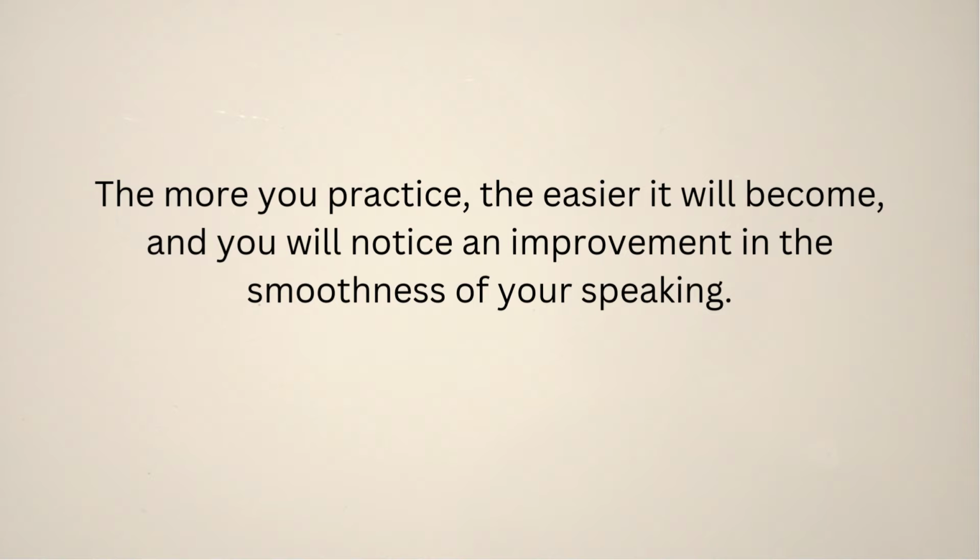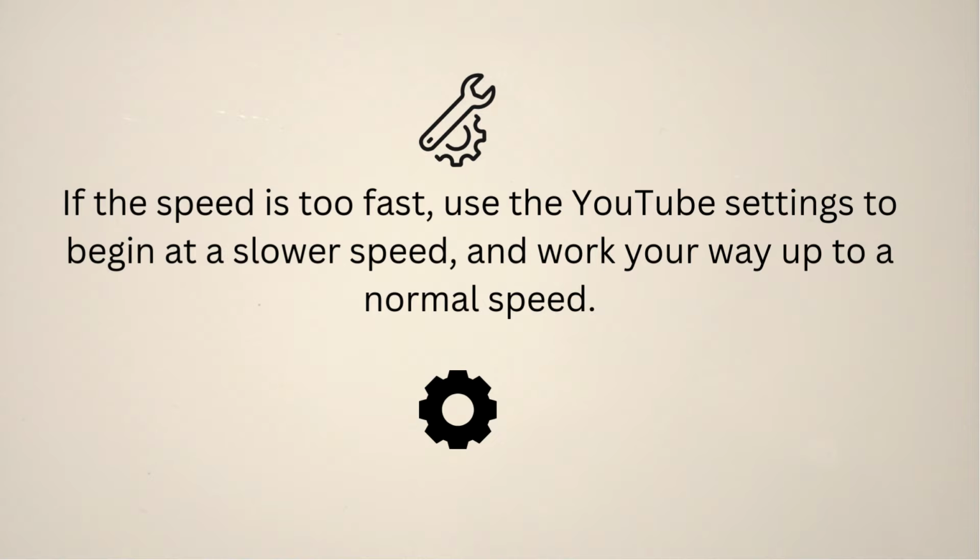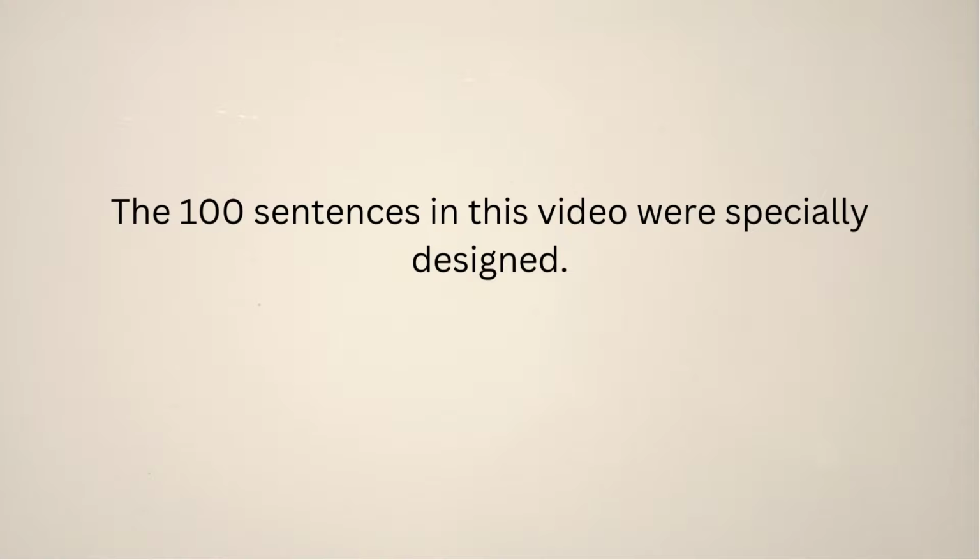The more you practice, the easier it will become, and you will notice an improvement in the smoothness of your speaking. If the speed is too fast, use the YouTube settings to begin at a slower speed and work your way up to a normal speed. The 100 sentences in this video were specially designed.